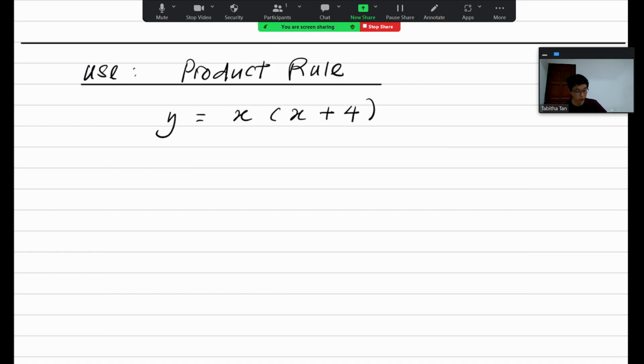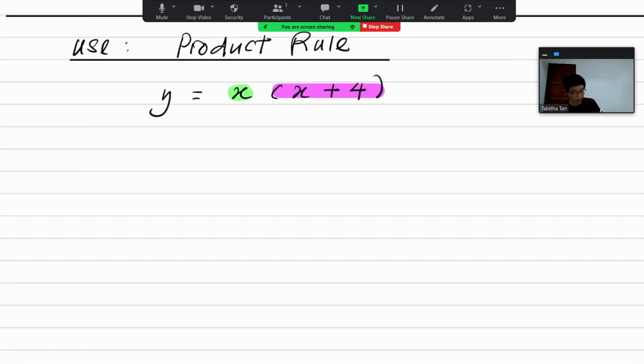Let's call this the green function, and let's call this the purple function. As I go on, I will mention what is required by the product rule. The very first thing, you can keep this at rest.